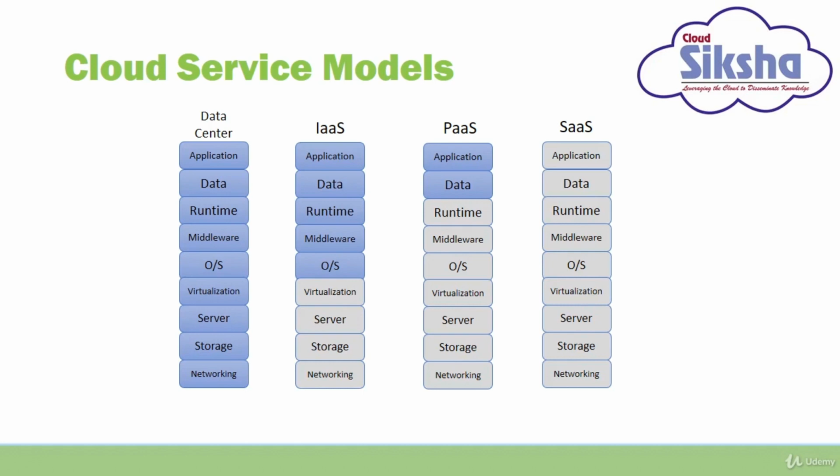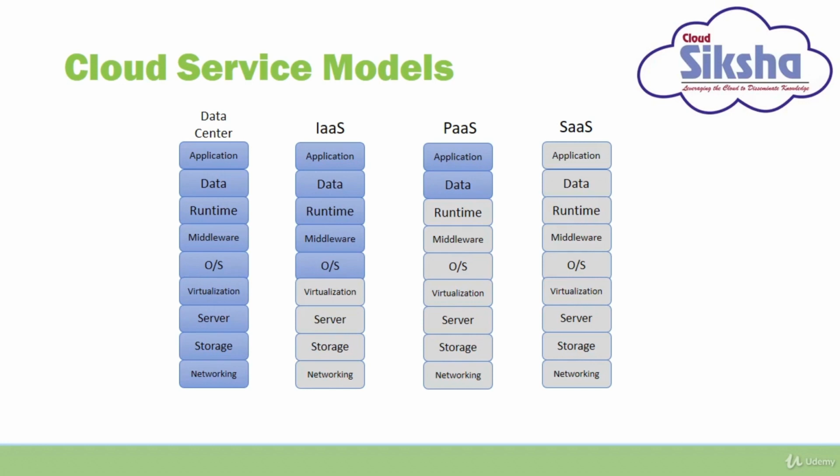Now in this diagram that you're seeing, you see different colors here. The gray that you see at the bottom, those parts are the ones which are taken care of by the service provider. Here you will see that the servers, the networking, the storage, the virtualization, all are taken care of by the service provider. So what you do is, from the operating system onwards, you will need to take care.